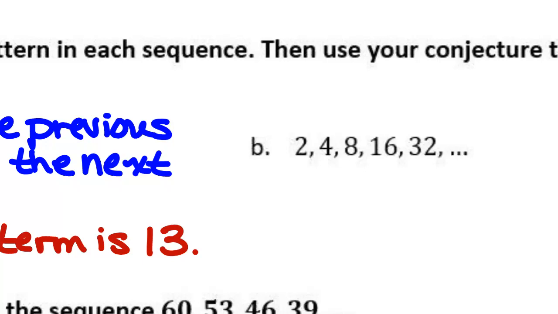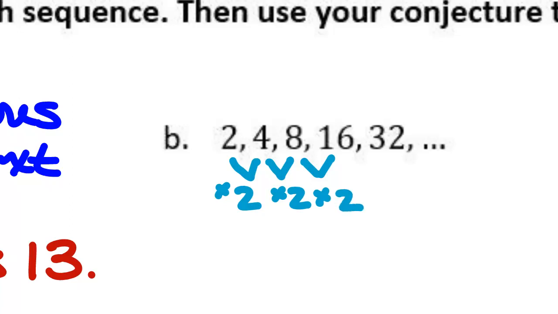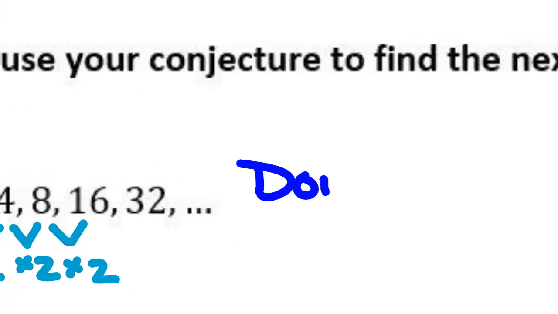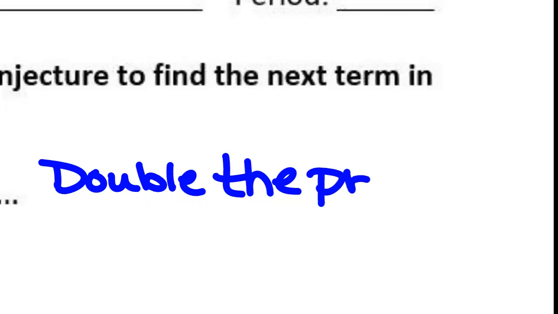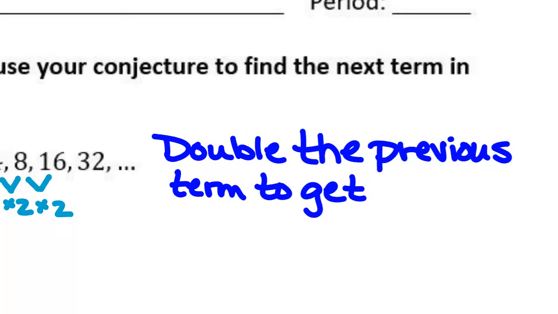What is the pattern on part B? We're going from 2 to 4, and then 4 to 8, and then 8 to 16, times 2. So my conjecture here would be double or multiply by 2 the previous term to get the next term.